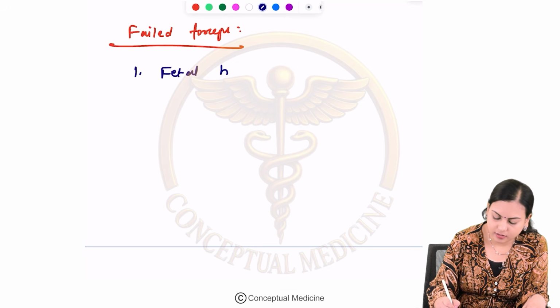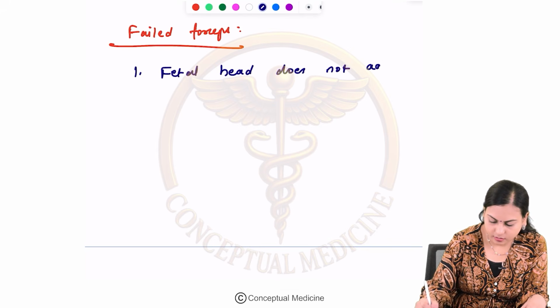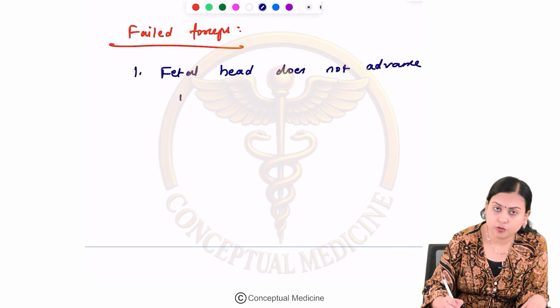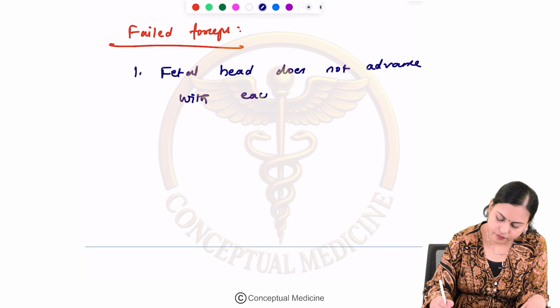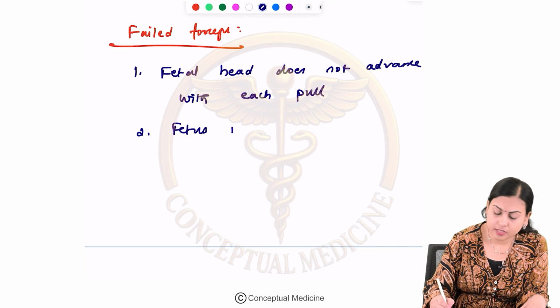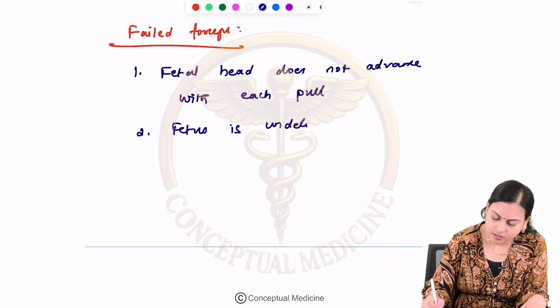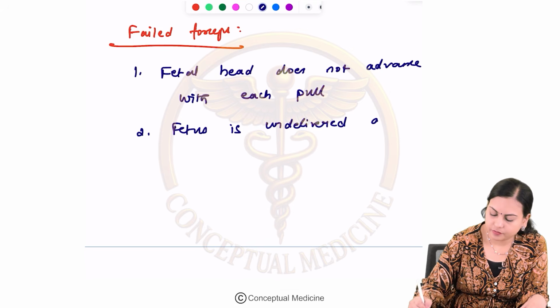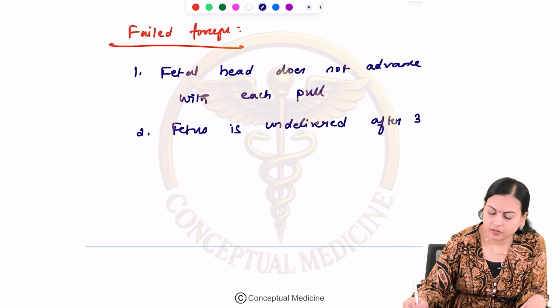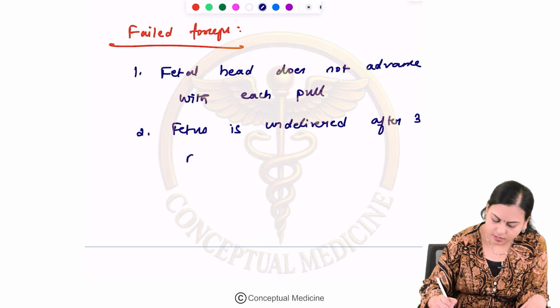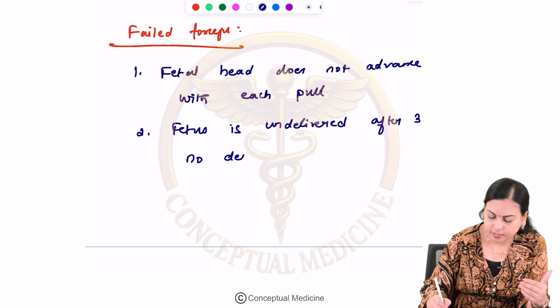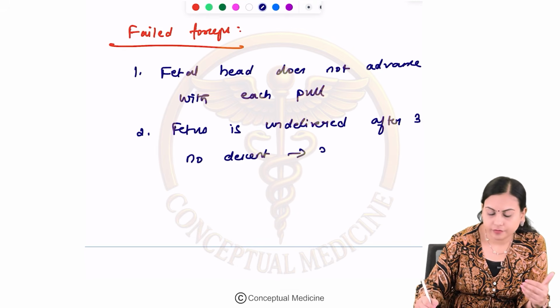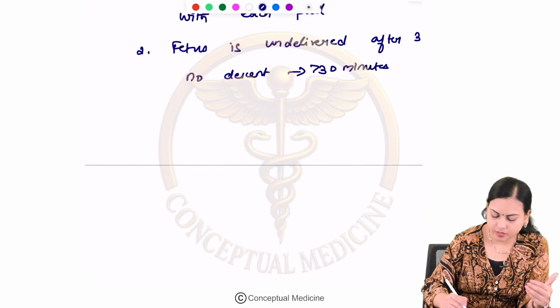Okay. So, when you consider the forceps delivery has failed, so failed forceps delivery will be when the fetal head does not advance with each pull, then fetus is undelivered after 3 pulls with no descent even after 30 minutes.